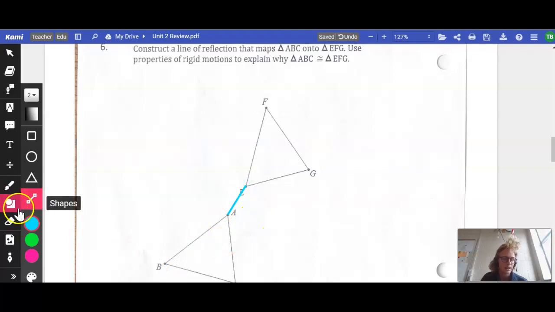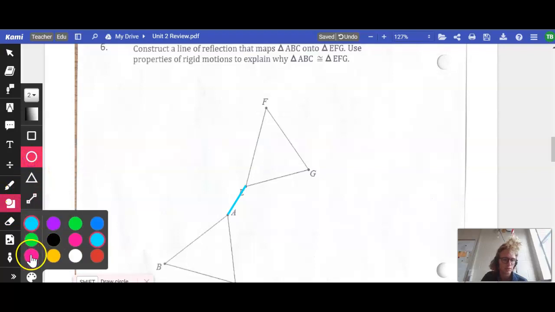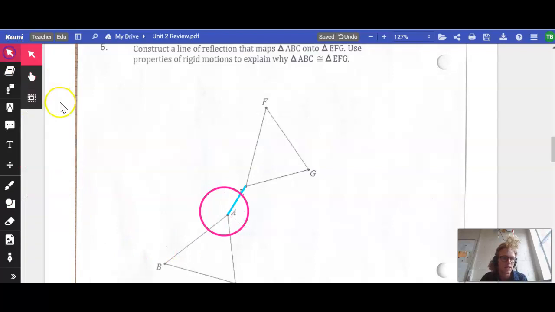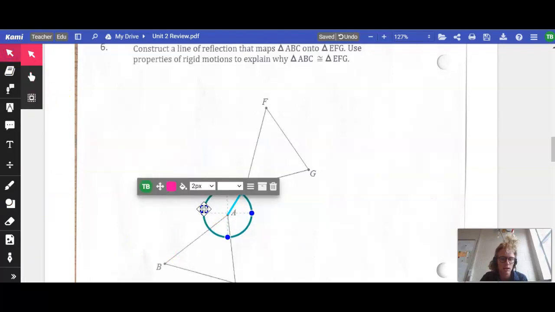I then am going to use my compass, which in my case is a circle, and I'm going to open up my compass more than halfway. So I'm going to draw a circle that is more than halfway of that segment. Okay, somewhere right there, and I'm going to center it on that point.